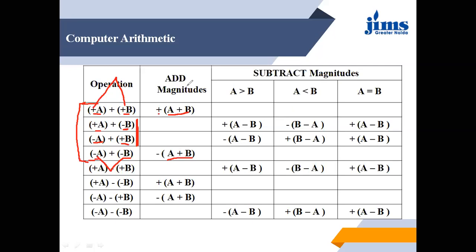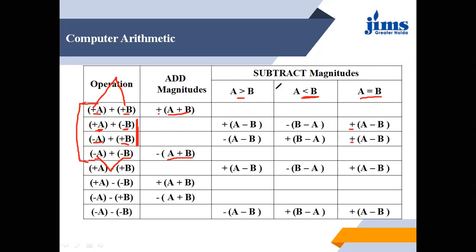The sign of the result will be the sign of a if a is larger, and the complement of the sign of a, that is the sign of b, if a is less than b. And when both are the same, the result will be 0, that is plus 0.